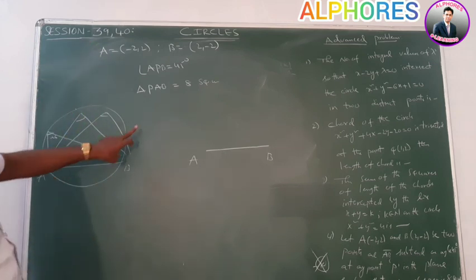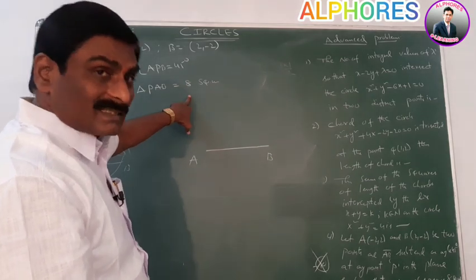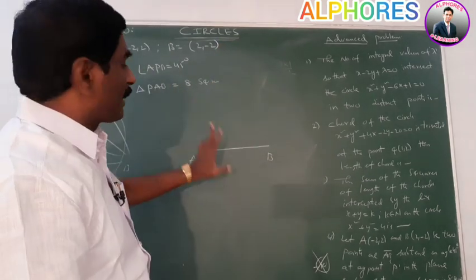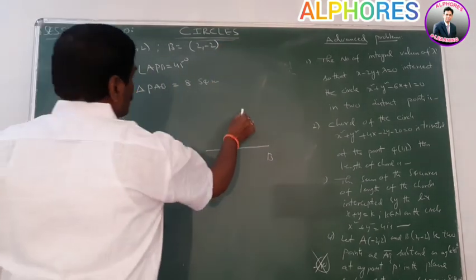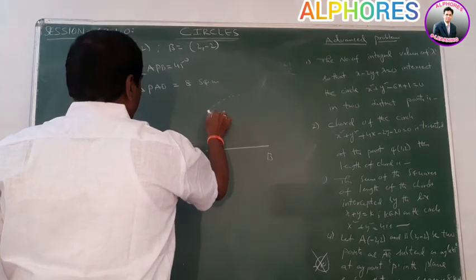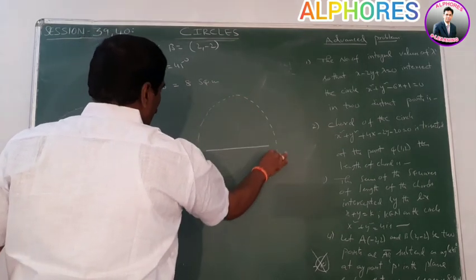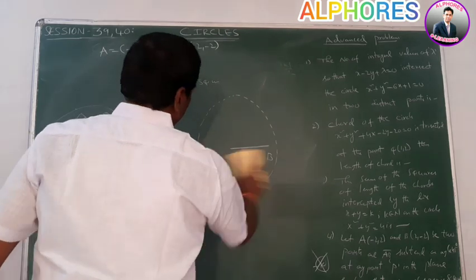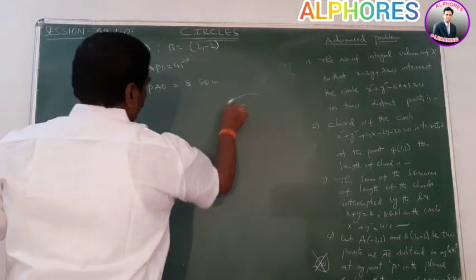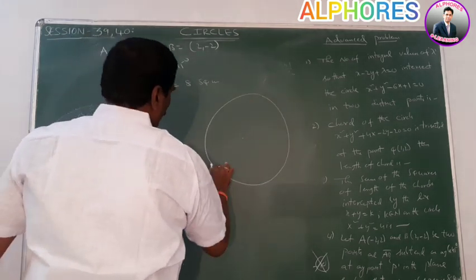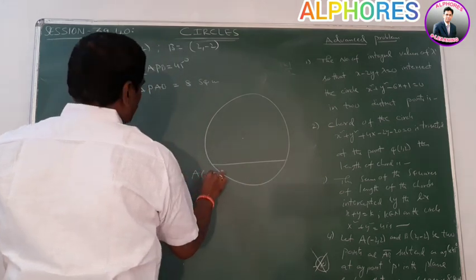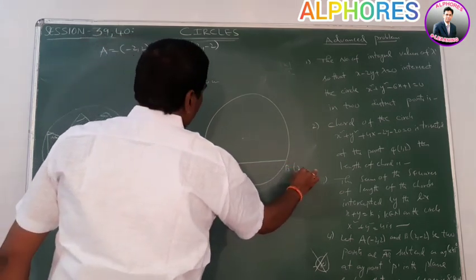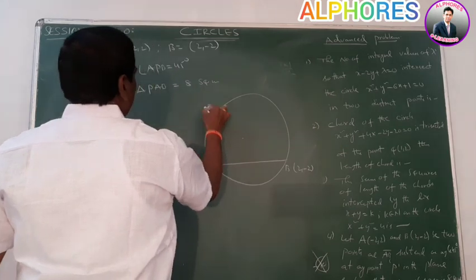Please observe this point. The point P must lie on the major segment of the circle. Here AB is the chord. Suppose it is a circle passing through A(-2, 2) and B(2, -2), and P is any variable point on it.